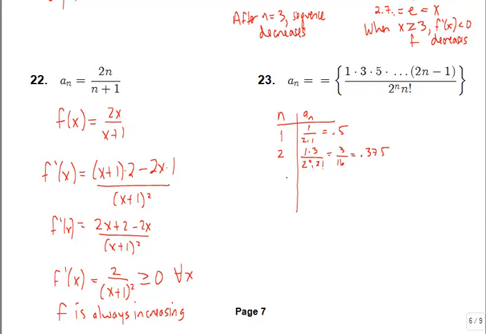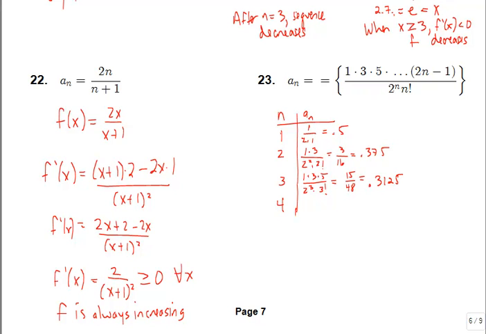I'll do one more here. If n is 3, then you'd be doing the 1, the 3, and the 5 on top, and you'd get 2 cubed, which is an 8, times a 3 factorial, which is a 6. So that's going to be a 48 in the bottom and a 15 in the top. So as a decimal, 15/48 is going to be 0.3125. And I'll do one more here.